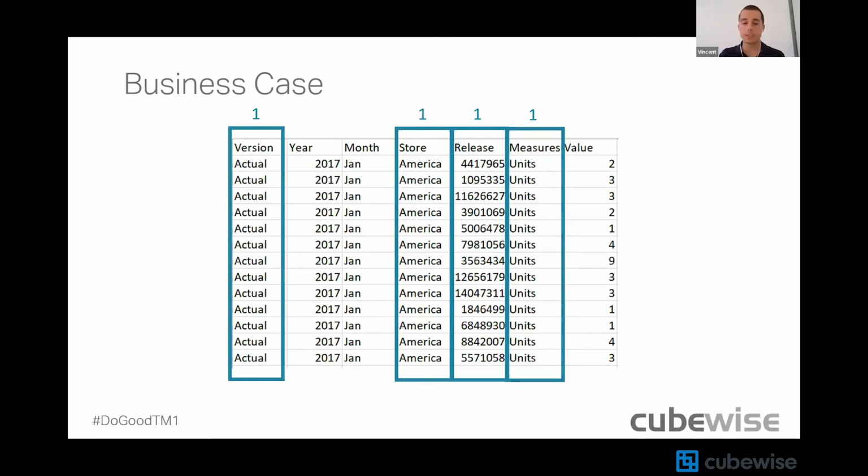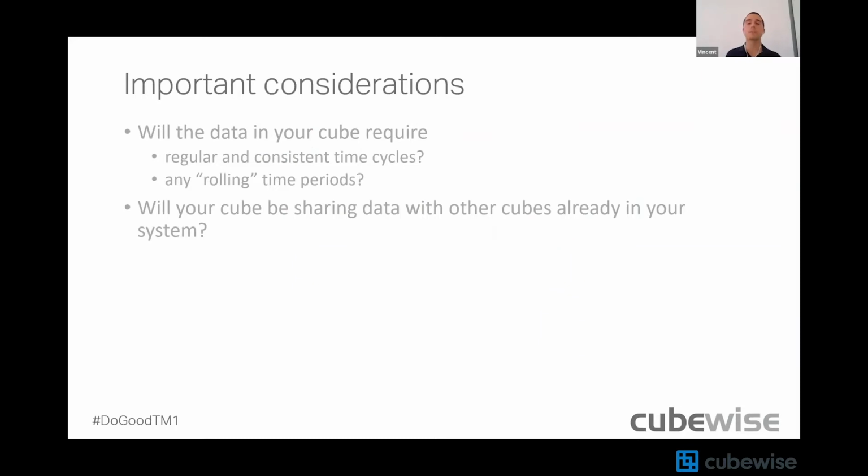Last but not least, we need to decide what we are going to do with these 2. Are we going to have 1 year dimension and 1 month dimension? Or are we going to combine these 2 together into just 1 dimension? This will depend on the business requirements. There are some important considerations that you need to take into account when designing your cube.